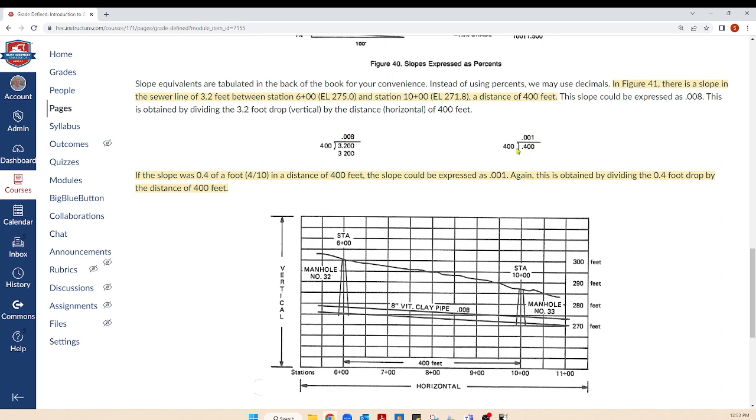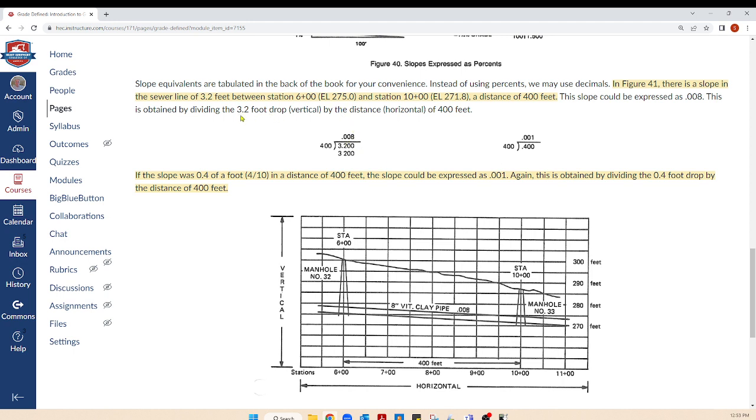So to calculate this, they take the vertical distance and divide it by the horizontal distance. Let's just look at this right here. The vertical distance on this is approximately, well, I still haven't found that yet.